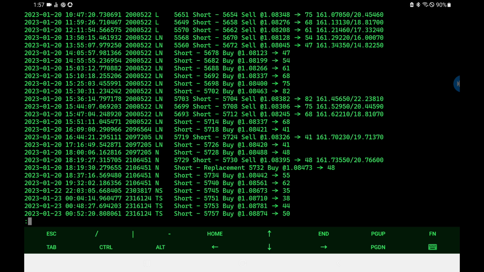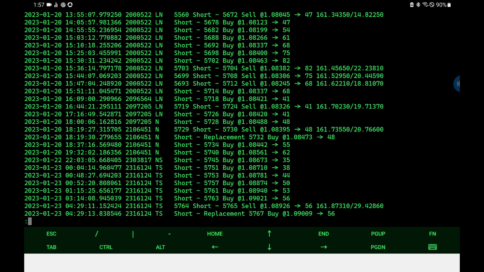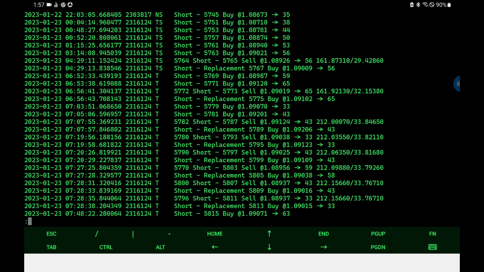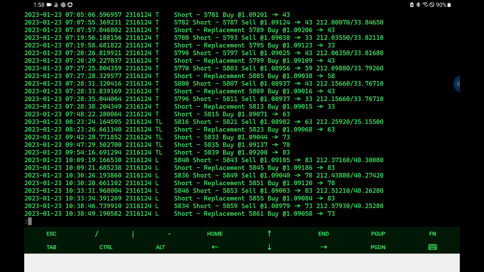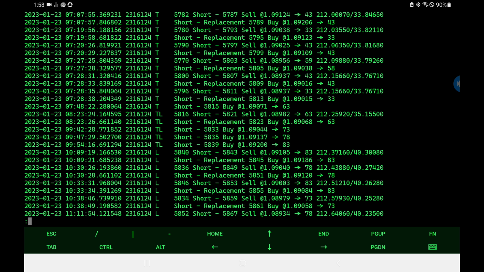Okay, here you see where I added a little more budget. 161. Right here my budget is 212. This is where I added an additional $50 just to make sure I had enough to test the clustering and I didn't want to overload my margin usage.